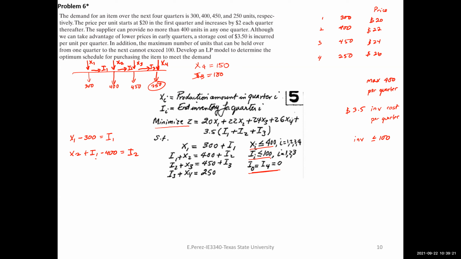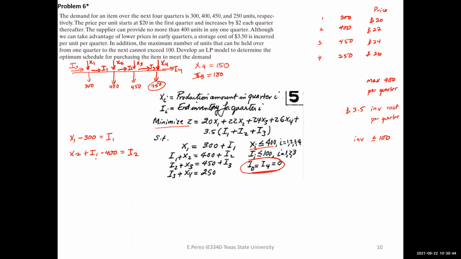Yes, so this right here is basically saying the same thing that I4, which is what's going to go here, is going to be equal to 0 because you don't want to produce more than what you need. Same thing here is basically saying that you start with an inventory of 0 because there's no production associated with it.